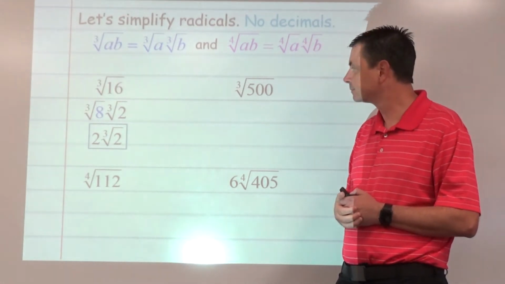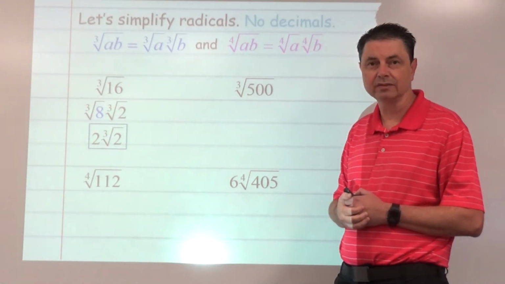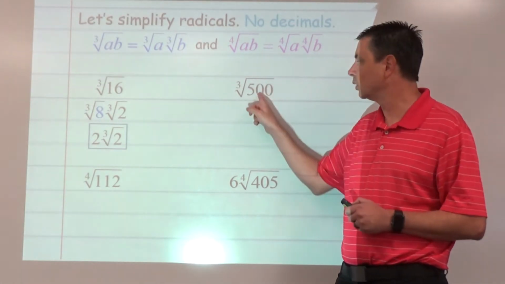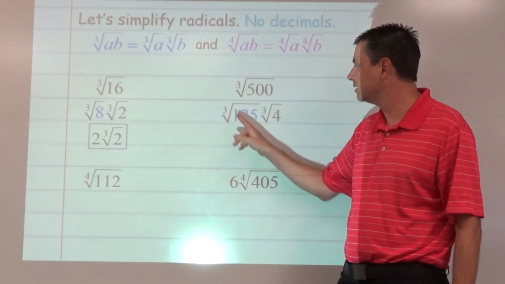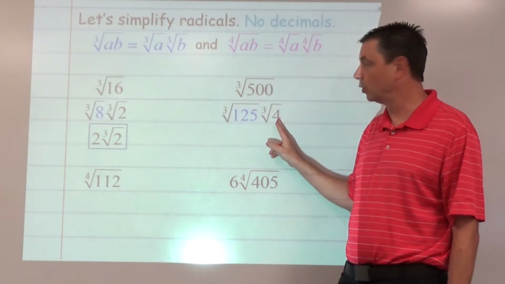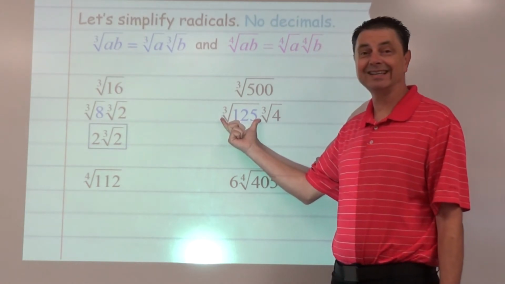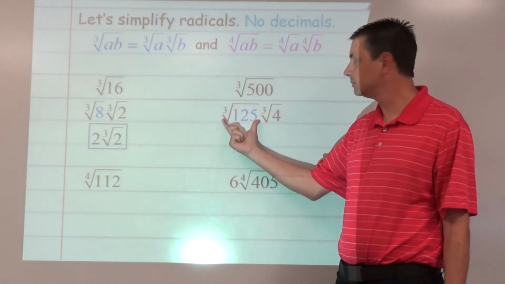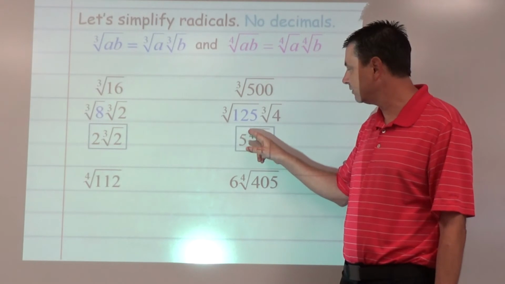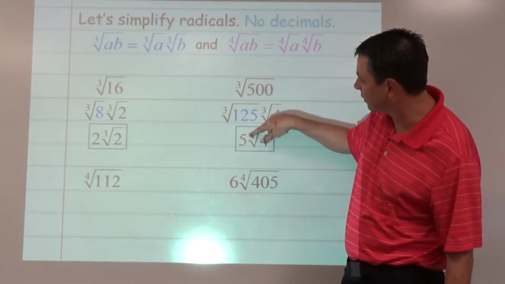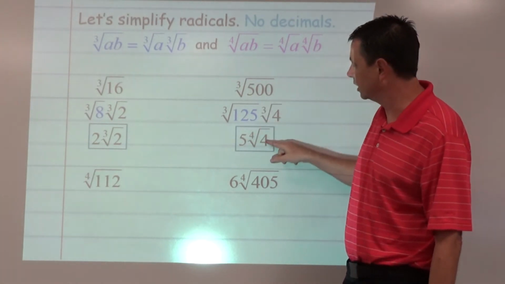No. What about 125? Yes. 125 does go in. It's 125 times 4. So cube root 125 times the cube root of 4. This is 5. So 5 times the, whoops, that should be a 3, cube root of 4.